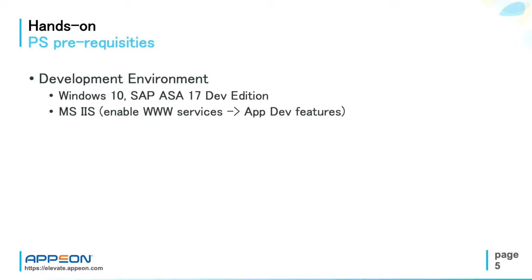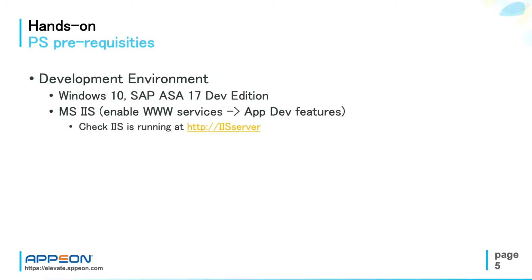Of course, we're going to build web and mobile applications which have 3-tier architectures, and as such we need a middle tier, a web server, and Microsoft IIS will be our friend. In order to enable IIS on your Windows machine, just go to the control panel, programs and features, and then enable IIS, also paying attention to select the application development features.